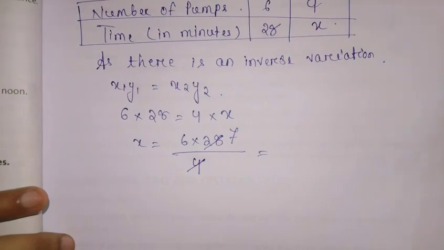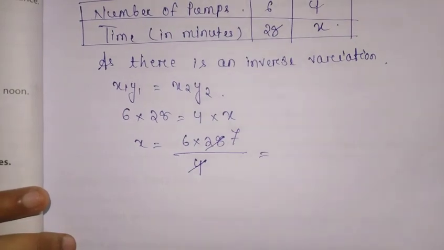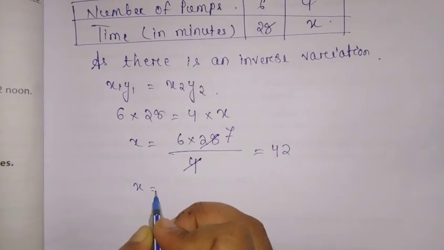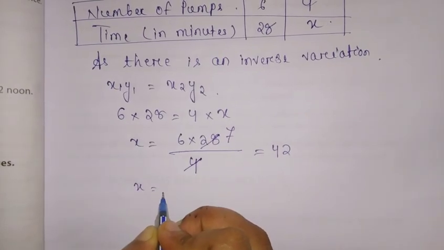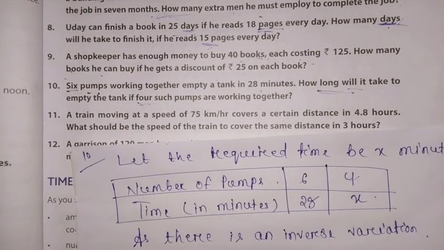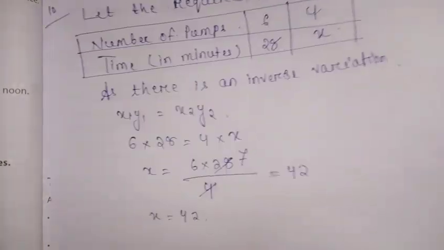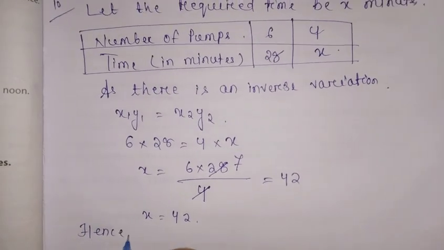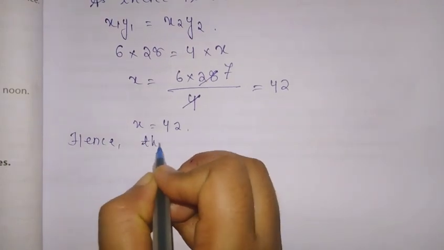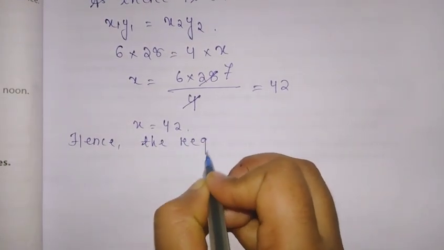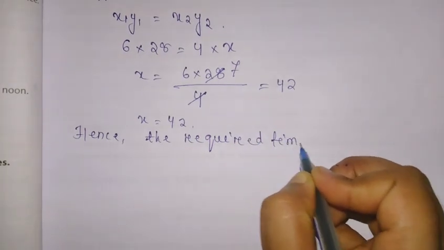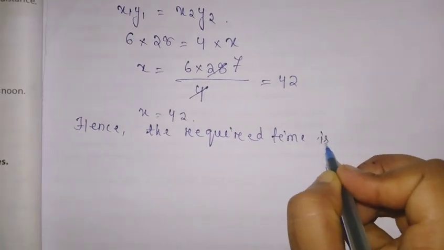Then 6 sevens are 42. x equals 42. Hence, the required time is 42 minutes.